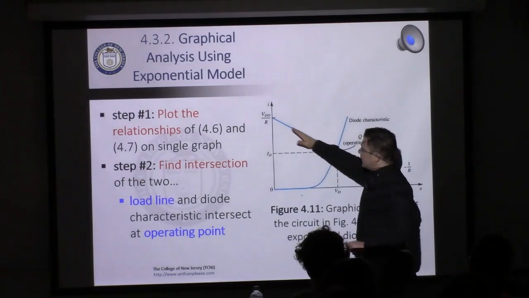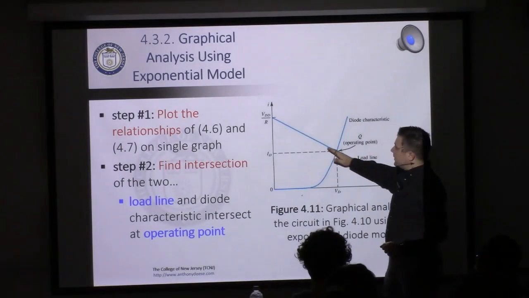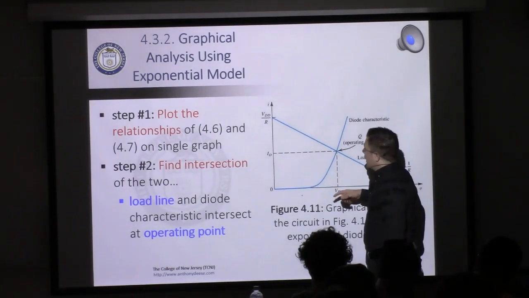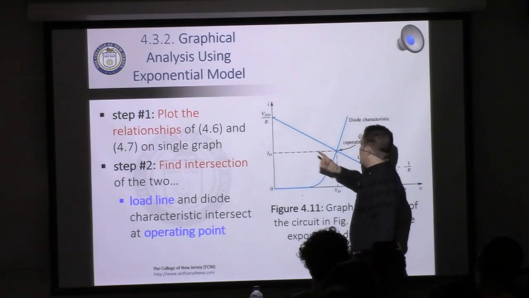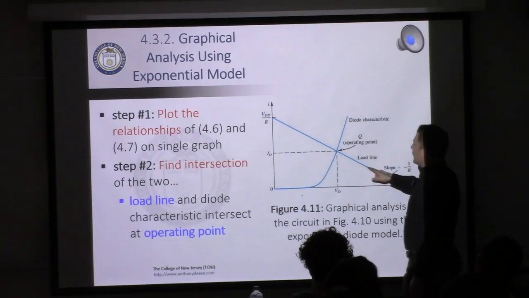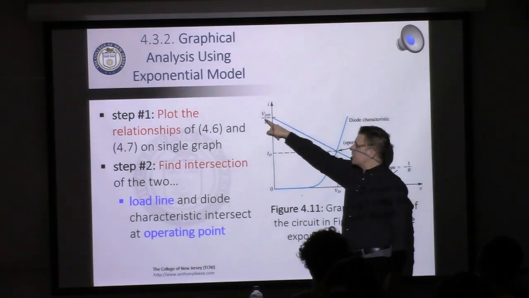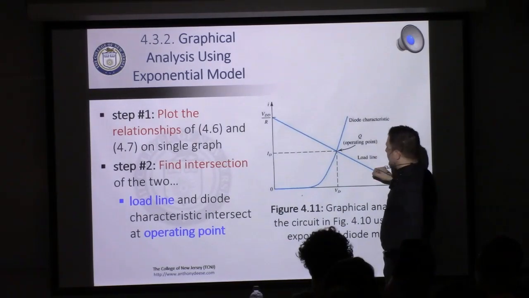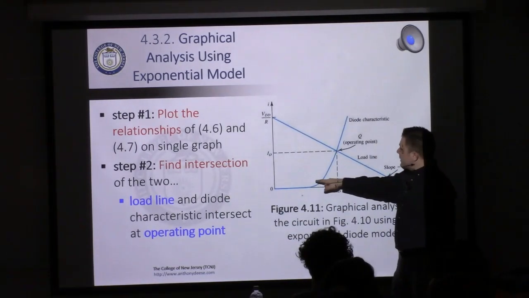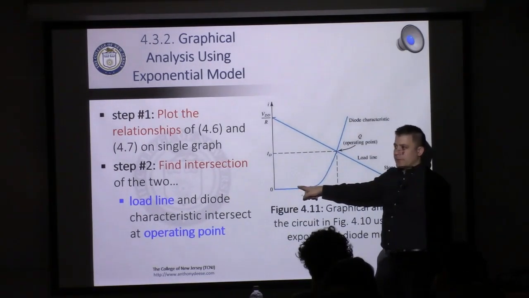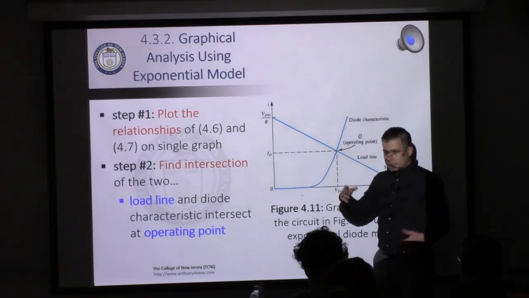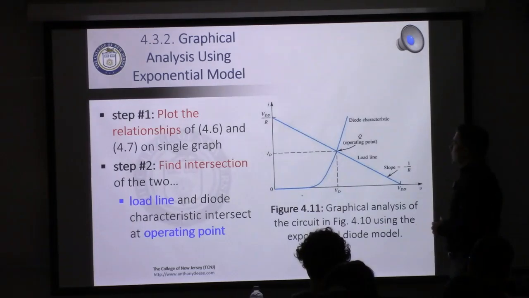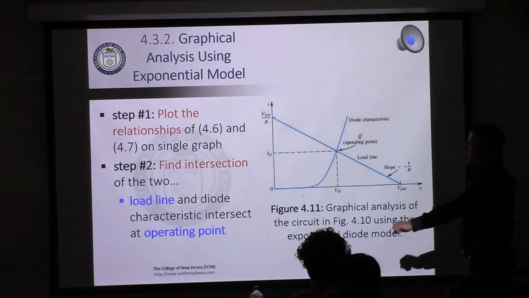So this line represents the load, or the KVL, right? So (VDD minus VD) over R. This is the current associated with that. And then this here is the other constraint, which is ID equals IS times (e to the VD over VT minus 1). Anyway, you get the point.